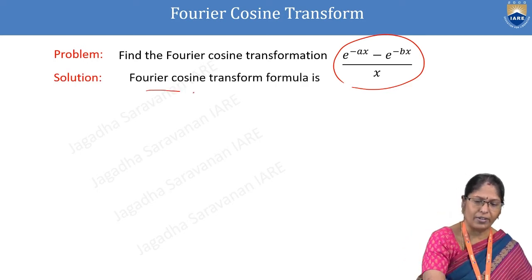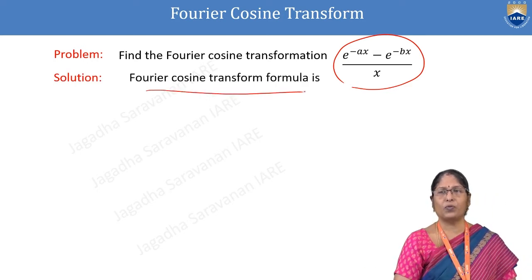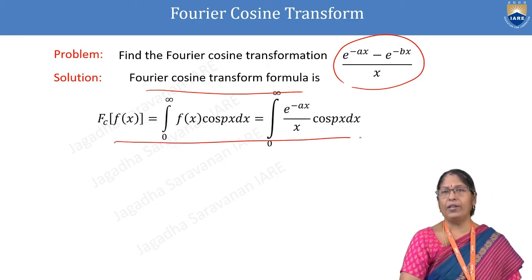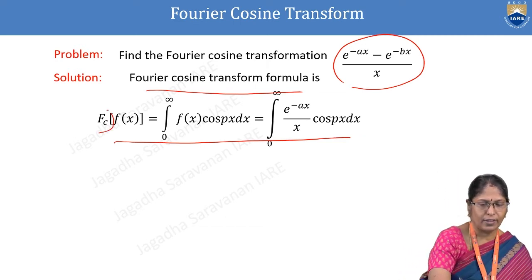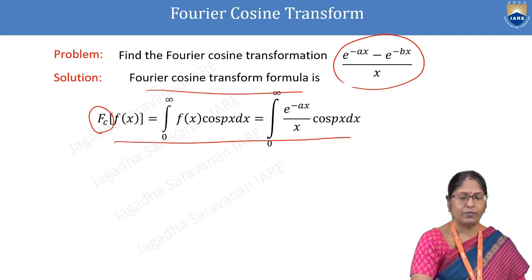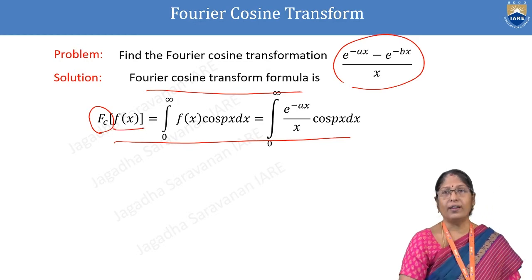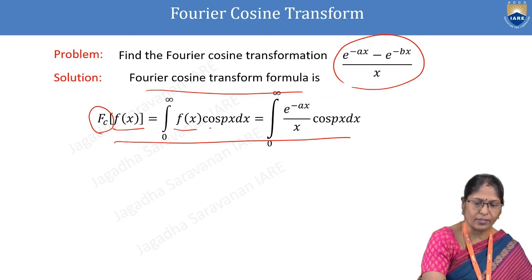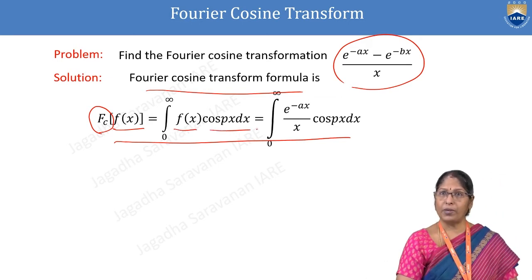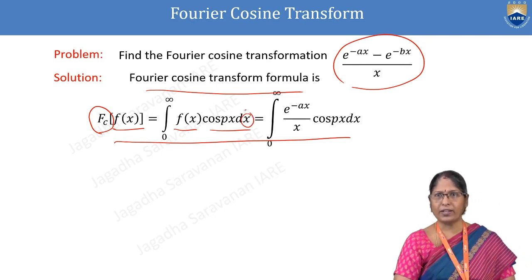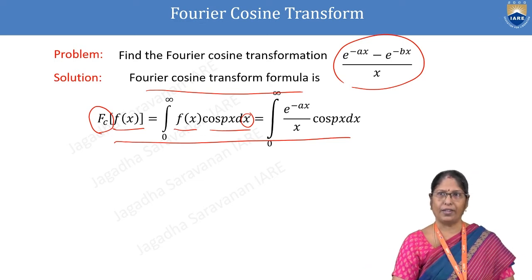So first we write the Fourier cosine transform formula, which we are very familiar with: FC of f of x equals the integral of f of x multiplied by cos px dx, integrating with respect to x from 0 to infinity.